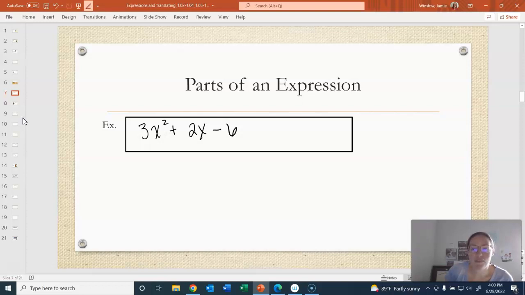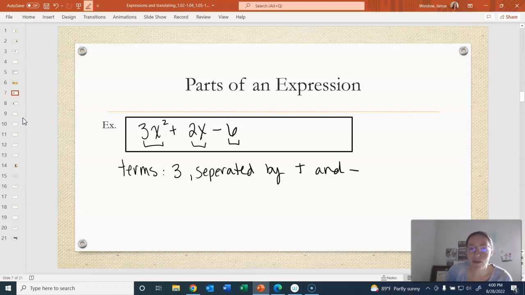We just have some, well, what I'm going to call terms. How many terms do we have? There are 3. 3 terms. Terms are separated by addition and subtraction. Terms are separated by those symbols. So in this example, we have 3 terms.